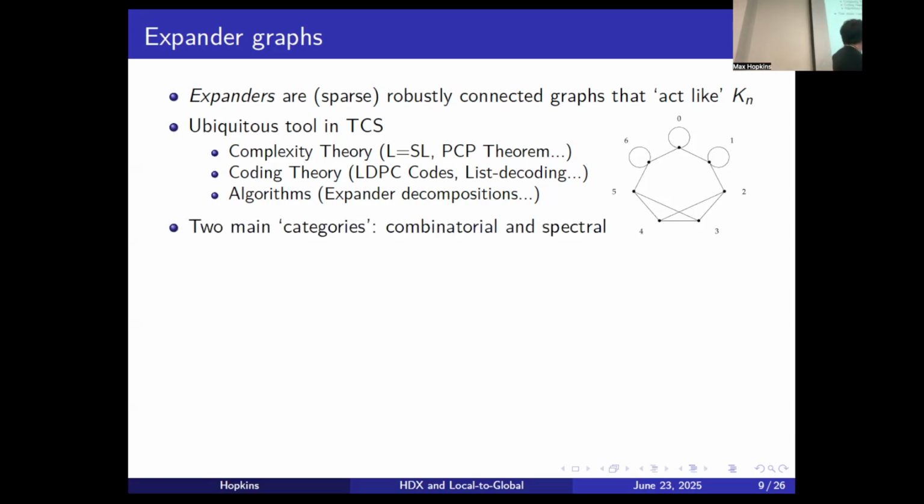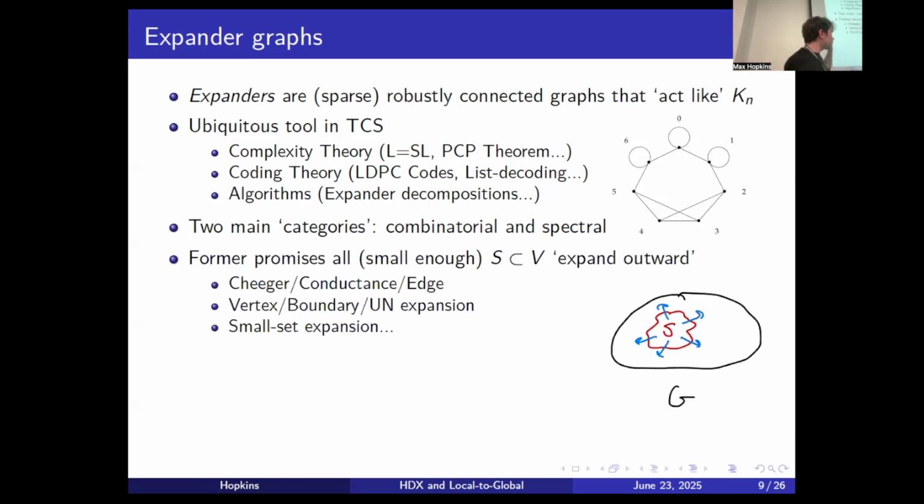Roughly speaking, as I alluded to earlier, there are two types of expanders, or definitions of expansion. There's combinatorial expansion, which is maybe a little more physical and natural. And there's spectral expansion, which we'll talk about. It has to do with the eigenvalues of the adjacency operator of the graph you're working on.